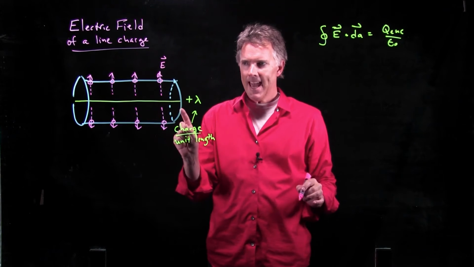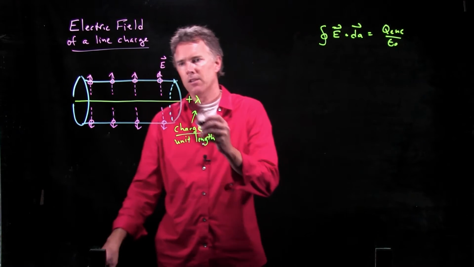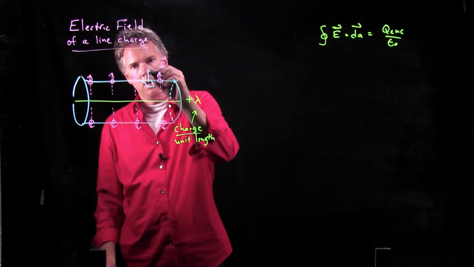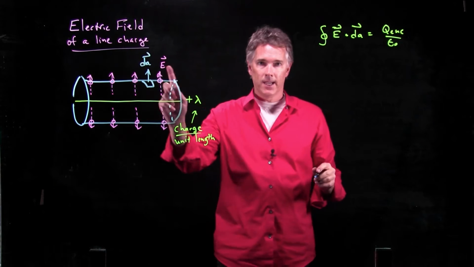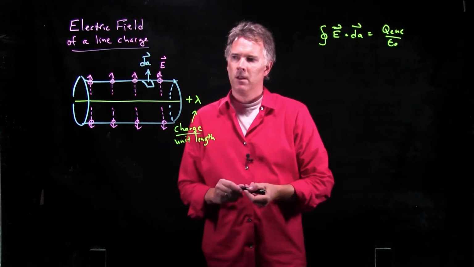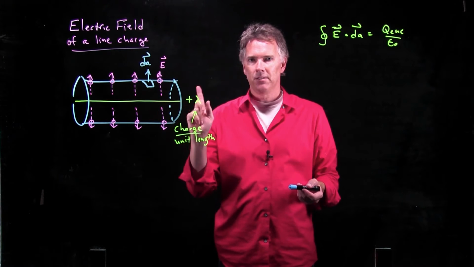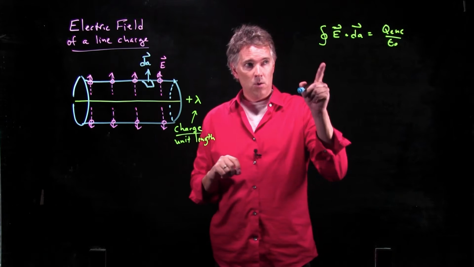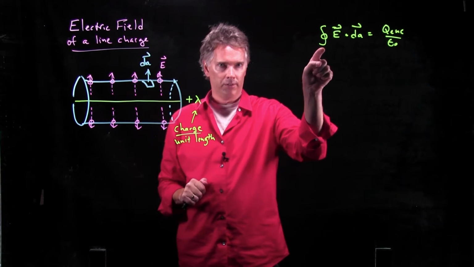What about dA for this particular surface? Well, dA is going to look like this. It's a little chunk of this can, and the dA is also radially outward from the center. So E and dA are in the exact same direction. Almost there, except we have to worry about the closed surface.